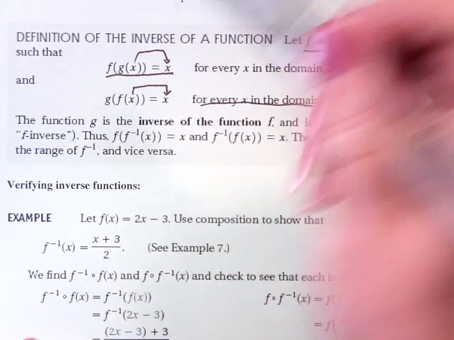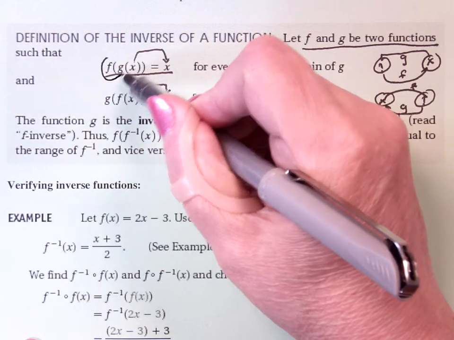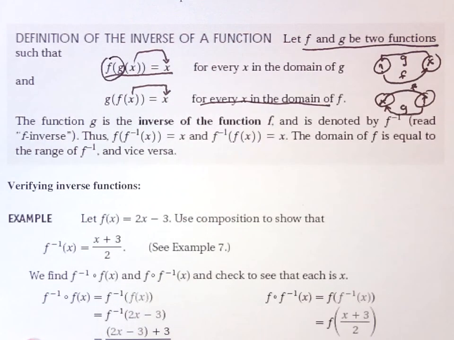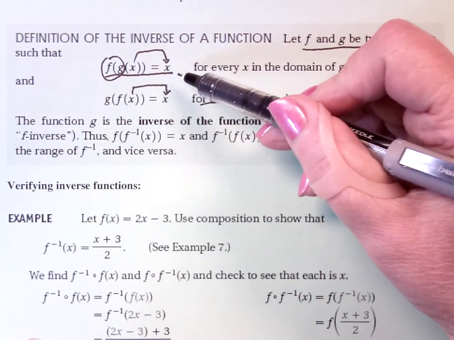And that says that what happens is this. If I compose f with g, that f of g of x is equal to x.